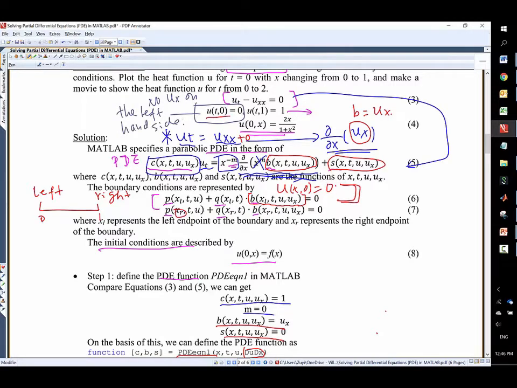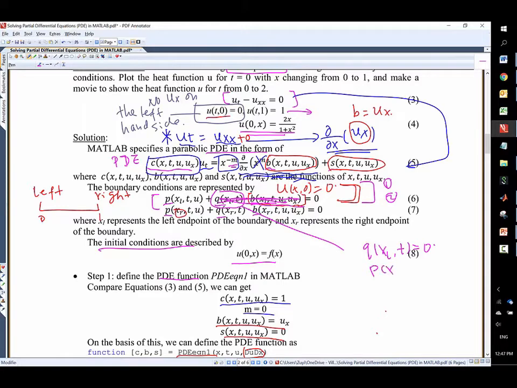Because B equals UX, and we don't want to keep the UX, we need to set q as l(t) equals 0. So this equals 0, and then we compare these two equations. For this equation, this whole term equals 0, so we conclude that p should equal u.